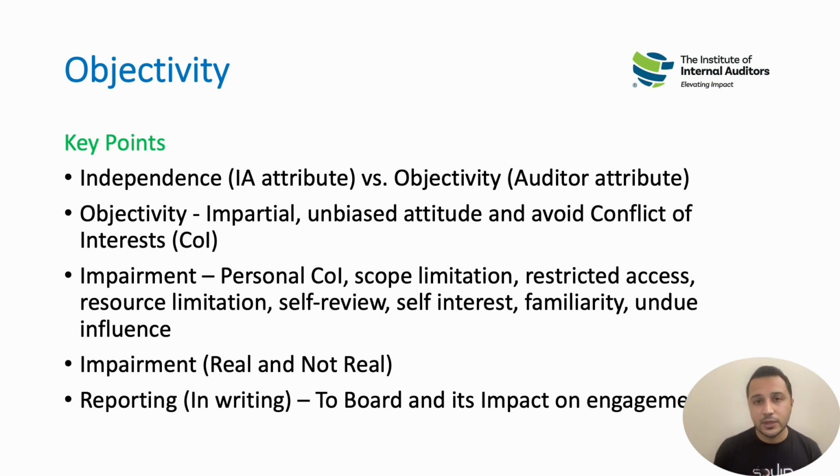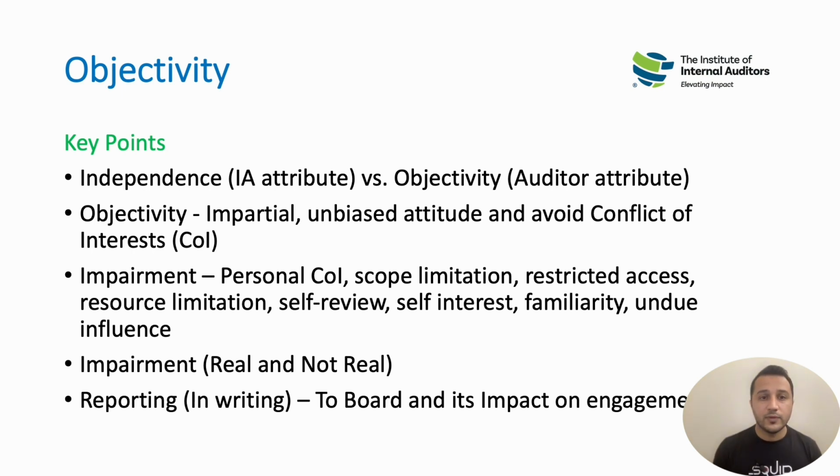However, if it is a real objectivity threat, maybe you are being restricted in information, or your scope is being compromised, or you are being put under some kind of pressure or threat, in that case you have to discuss with the management, and you also have to formally report the impairment of your objectivity to the audit committee or the board.